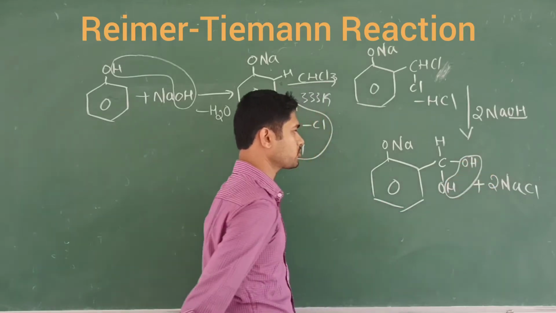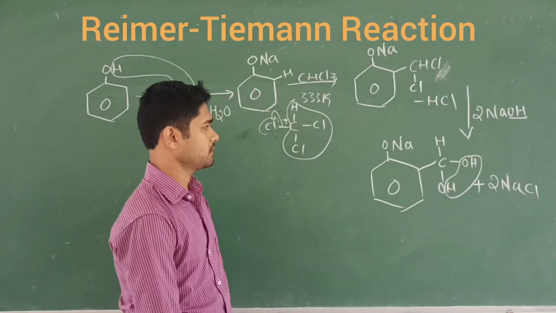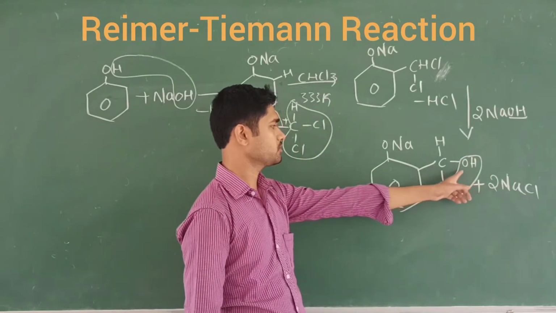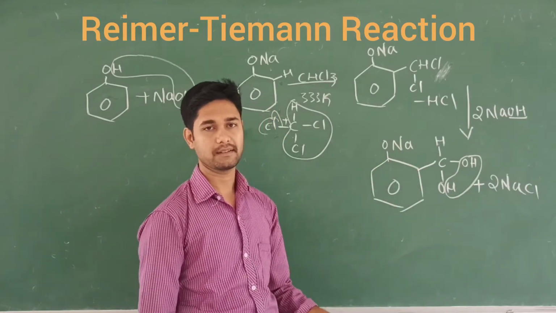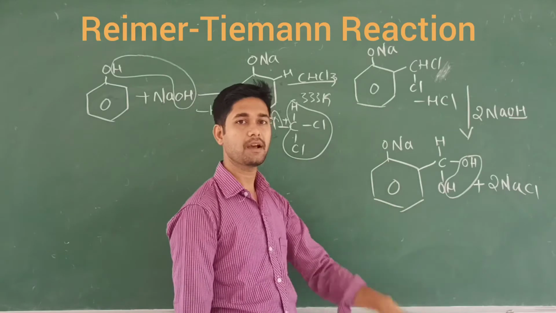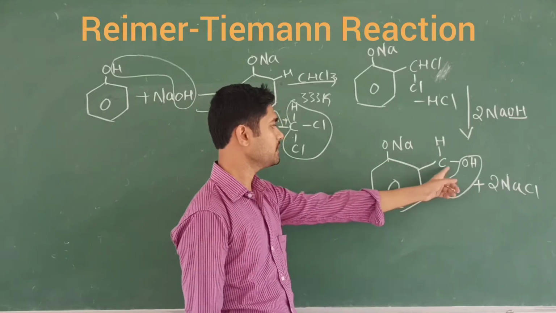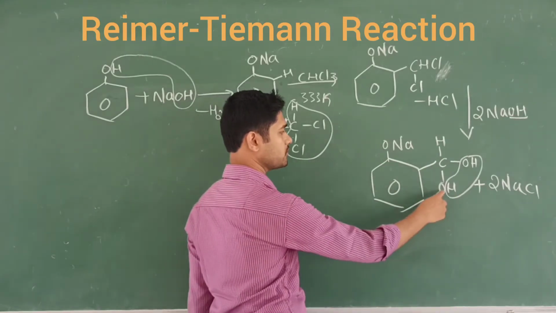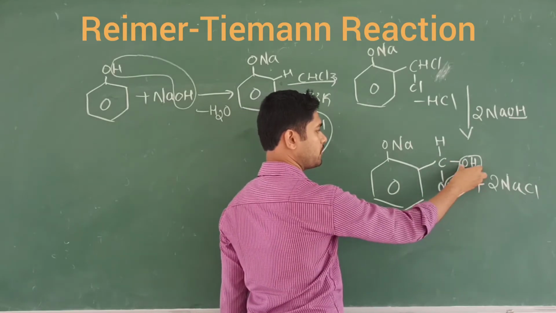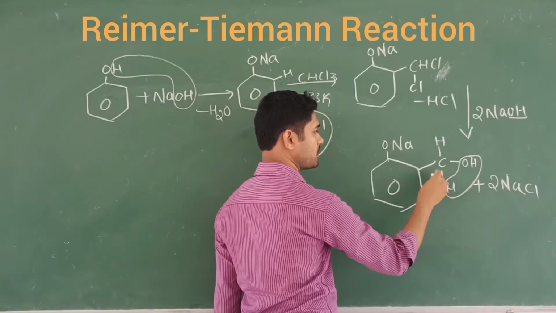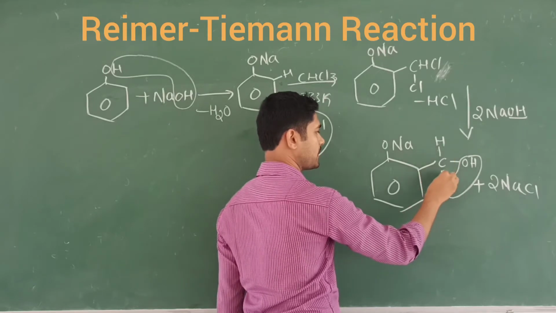When you remove these water molecules, what happens here? We obtain the sodium salt of salicylaldehyde. We obtain the aldehyde group, which is nothing but the CHO group. When this hydrogen and OH group are eliminated, what is left here? This carbon, hydrogen, and the double bond.